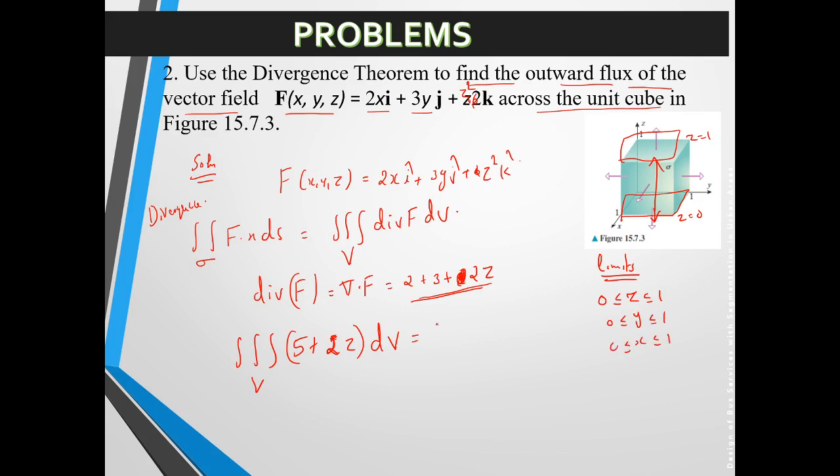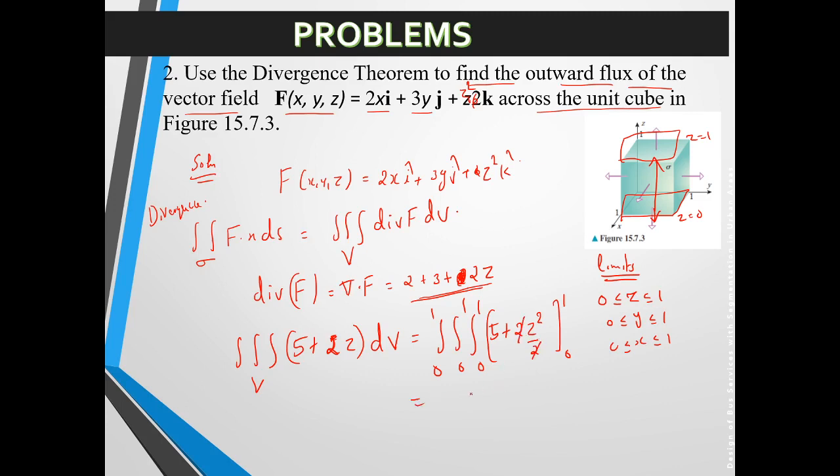Integrating 5 plus 2z with respect to z, we get 5z plus 2z square by 2, from 0 to 1, which gives 6.